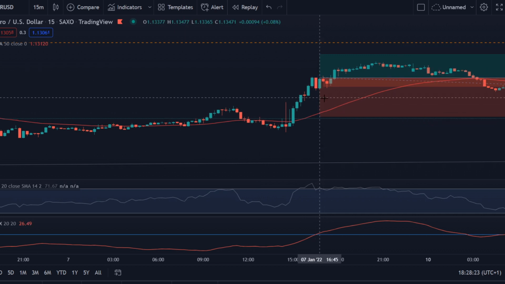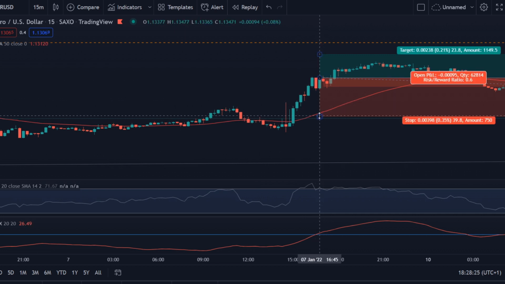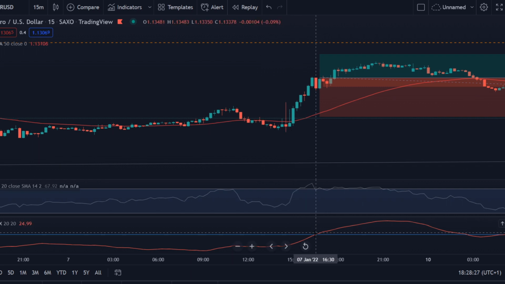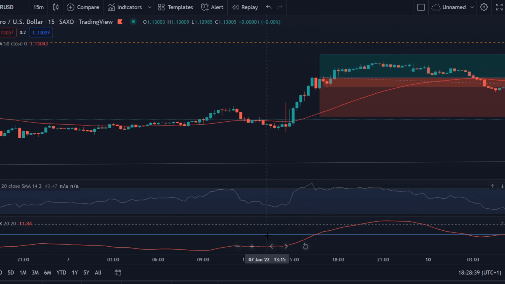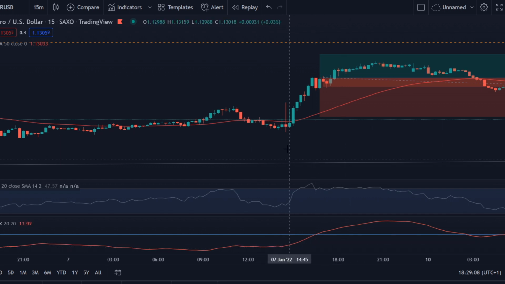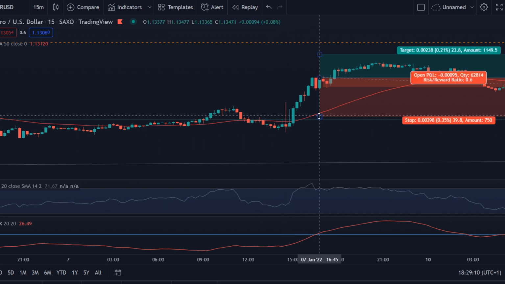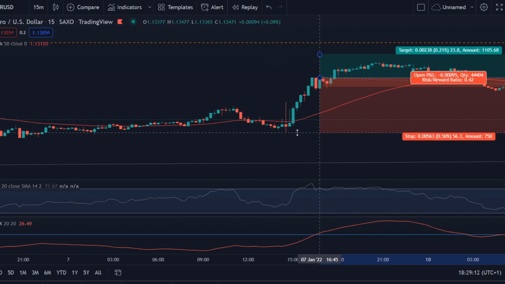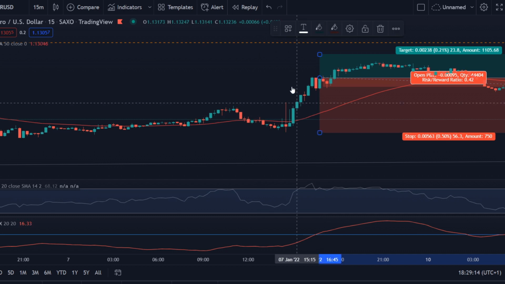And then of course we need to place our stop loss. Then we look at the ADX again, and because we are taking a buy trade, we need to look for the latest low of the ADX, which is about here. And if we go to the upside, that means that we take our stop loss, we place it over here.